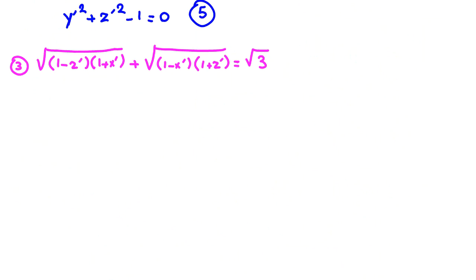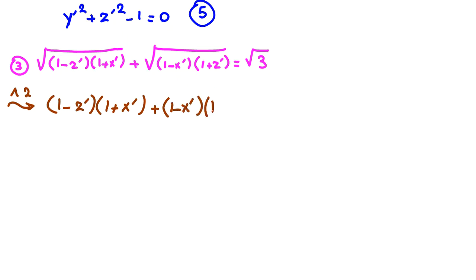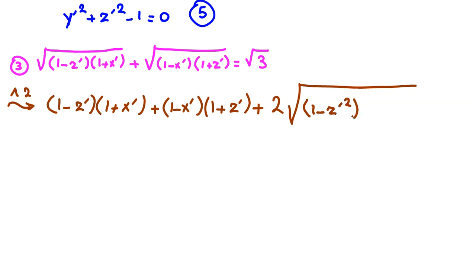Okay, in this part, again, we raise both sides to the power of 2. It will be (1 minus z prime) times (1 plus x prime) plus this to the power of 2, (1 minus x prime) times (1 plus z prime) plus 2 times the square root of (1 minus z prime) times (1 plus z prime), which is 1 minus z prime squared, and (1 plus x prime)(1 minus x prime) will be 1 minus x prime squared.